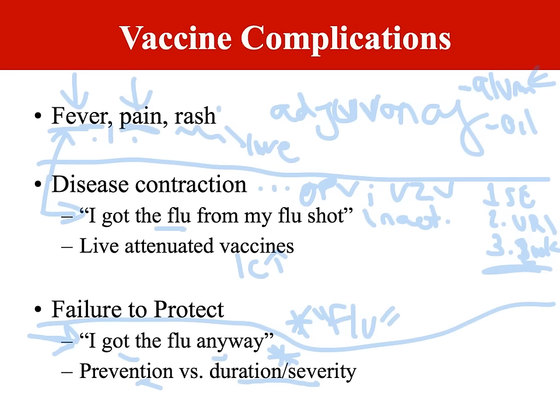One of the best examples of this is the shingles vaccine. It's only about 65 to 70% effective in preventing shingles in elderly patients. However, for the patients who develop disease, it's invariably shorter and less severe.